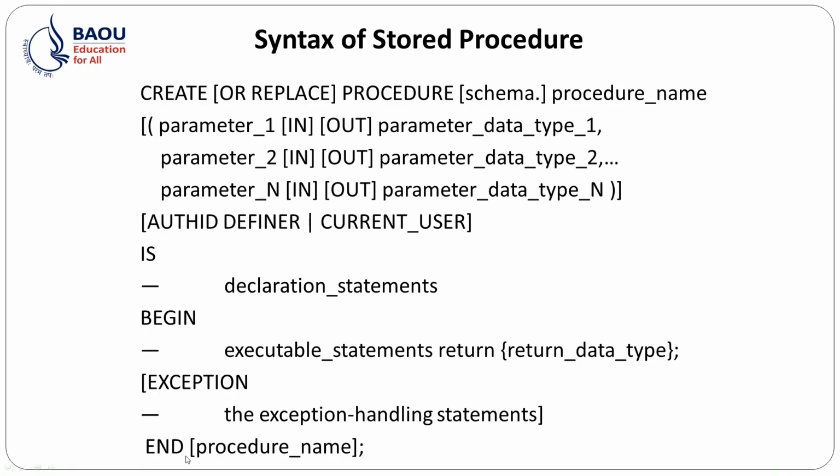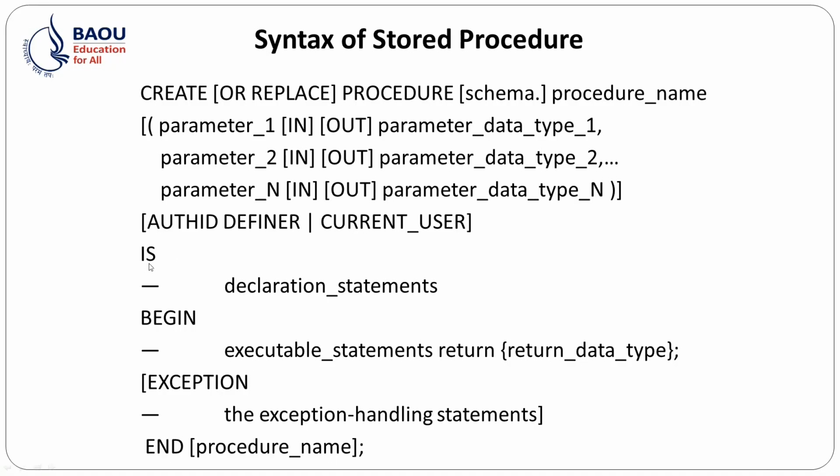And then the end part. Try to understand, where create or replace procedure means the new procedure is created, or replaced with the new code if a procedure with the same name exists. It will create the new procedure if it does not exist. If the procedure exists, then it will be replaced with the new code.